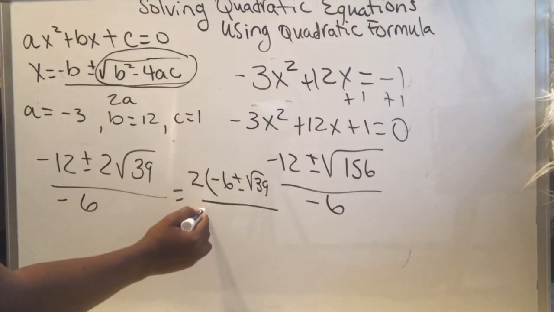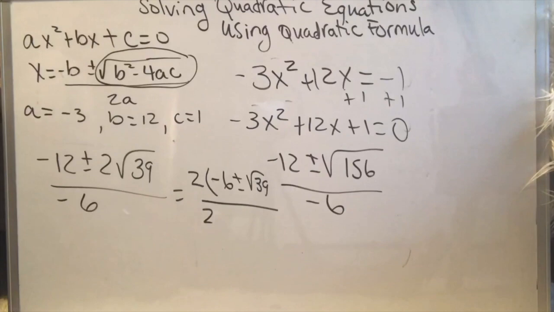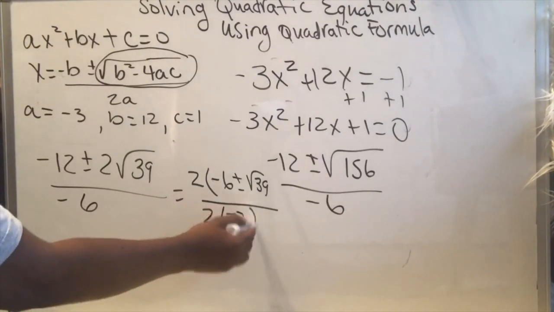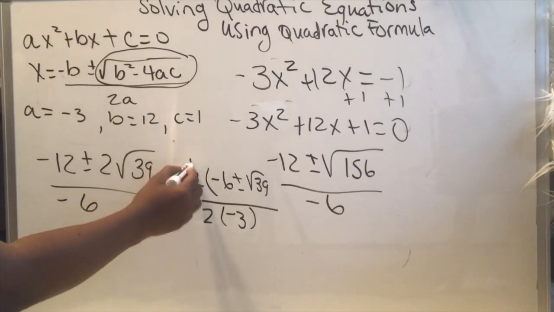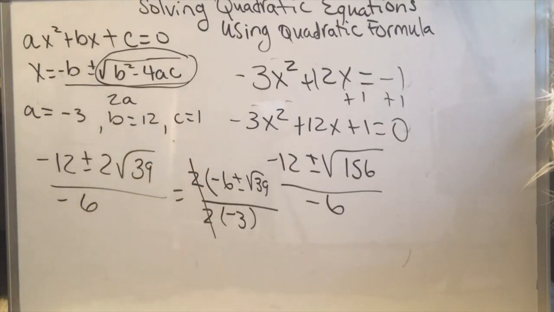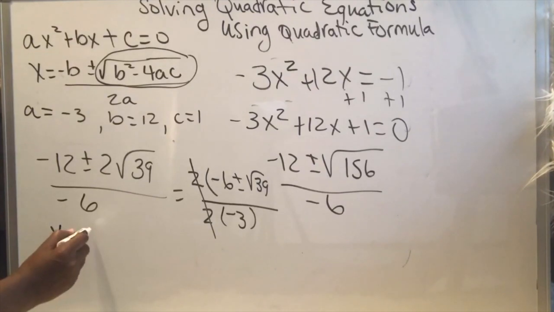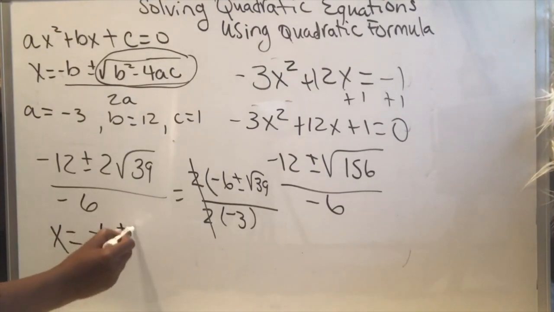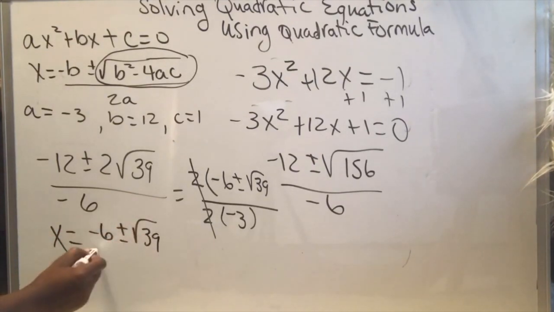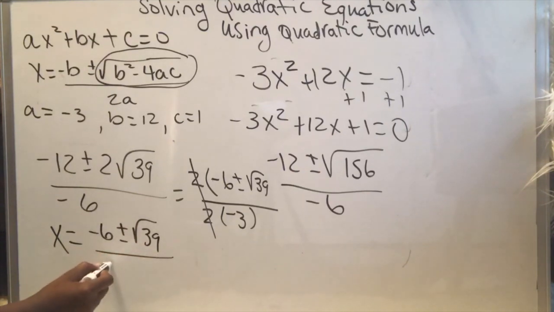And if I take out a 2 right here, then I'm left with negative 3. And I can simplify that by crossing those out because 2 divided by 2 is 1, so we don't have to write 1. So we're left with x equals negative 6 plus or minus square root of 39 over negative 3.